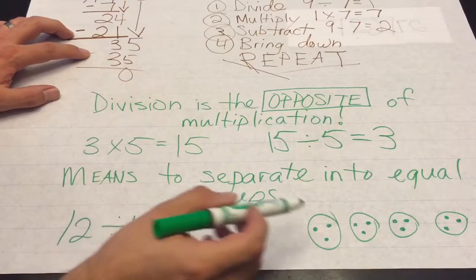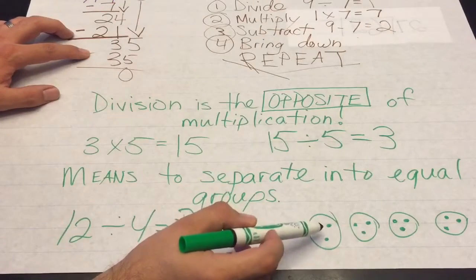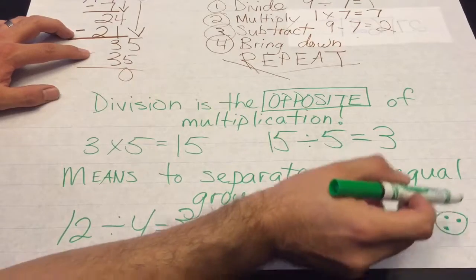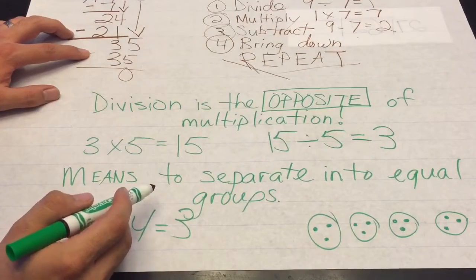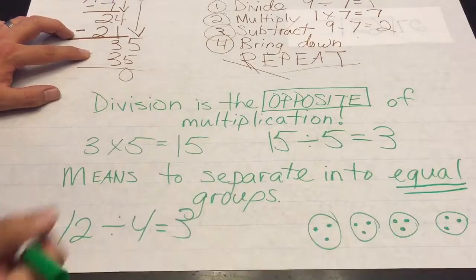Okay, 12 divided by 4 groups equals 3. How do we know? We count the little dots, we get 12. 1, 2, 3, 4, 5, 6, 7, 8, 9, 10, 11, 12.